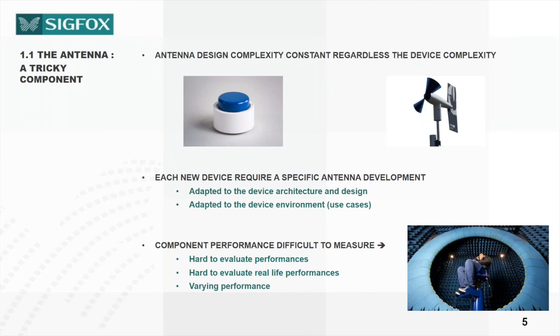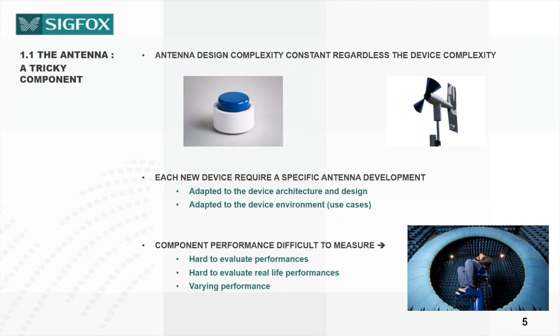Second point is each new device requires a specific antenna development. Actually, you will always need to adapt your antenna to the device architecture and design. It's very difficult to find an antenna that will work the first time without doing anything when you implement it in your device. This is mainly true for integral antennas.